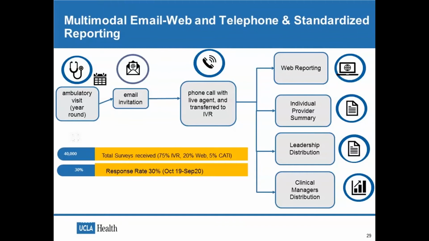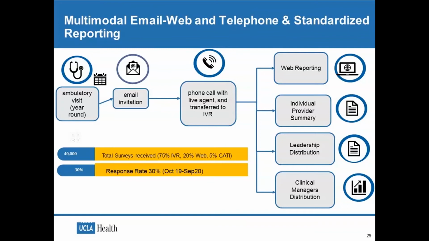Our CG CAHPS survey is administered in a multimodal manner, with continuous and year-round sampling. So this is not periodic sampling. We collect survey data every day. It starts with an ambulatory visit, which is in the upper left. The first thing that happens is that they get an email invitation to complete the survey by web.